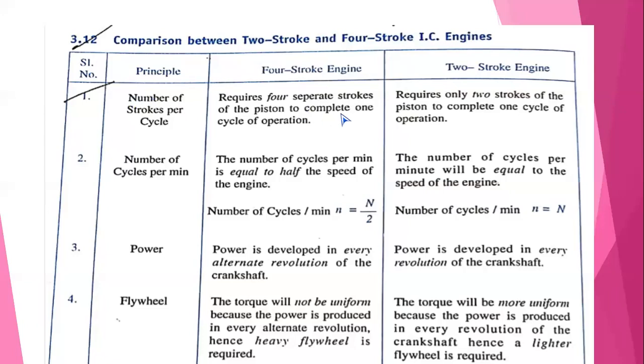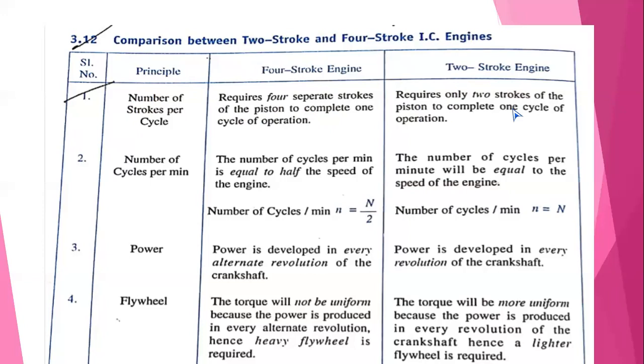The four-stroke engine has four separate strokes for completion of one cycle. Remember, the four strokes are the suction stroke, compression stroke, expansion or power stroke, and the last one is the exhaust stroke.